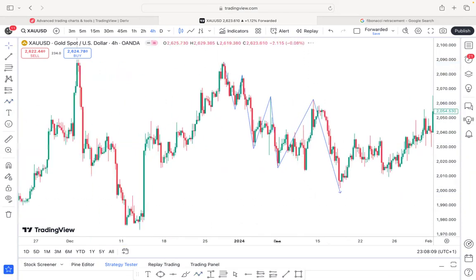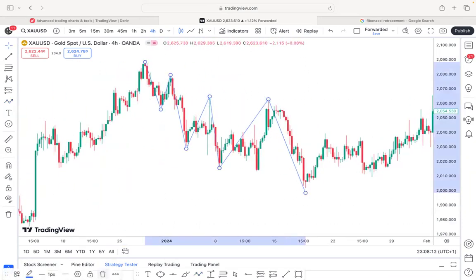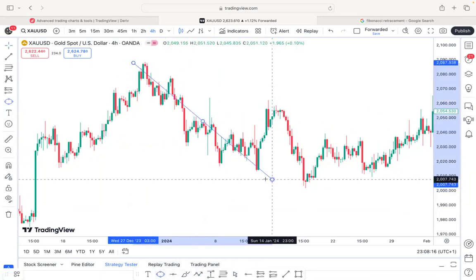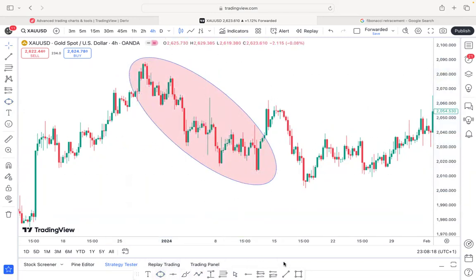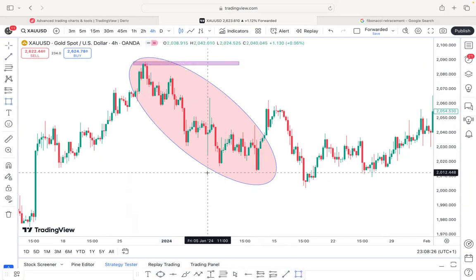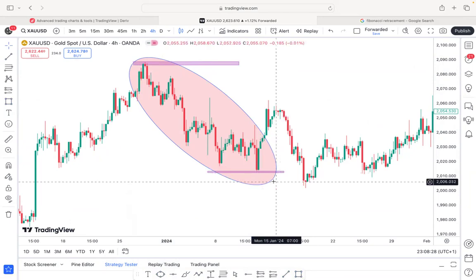But let's just use this. Let's use from here to here as our downtrend, right? This point here to this point here is our downtrend, right?